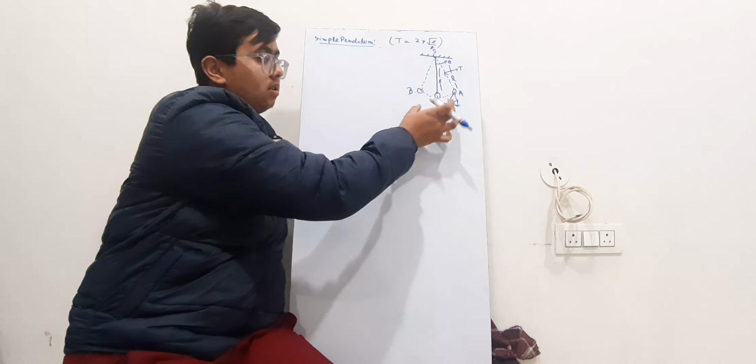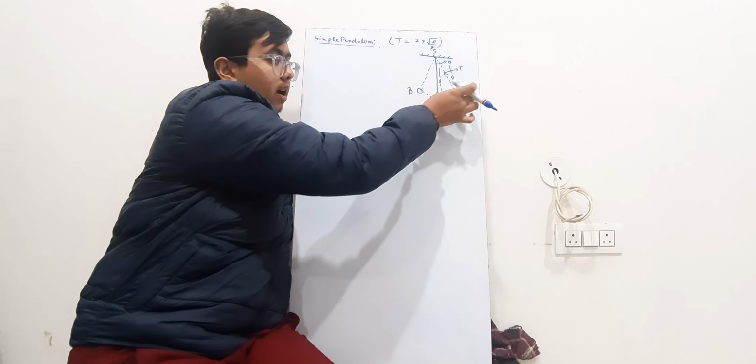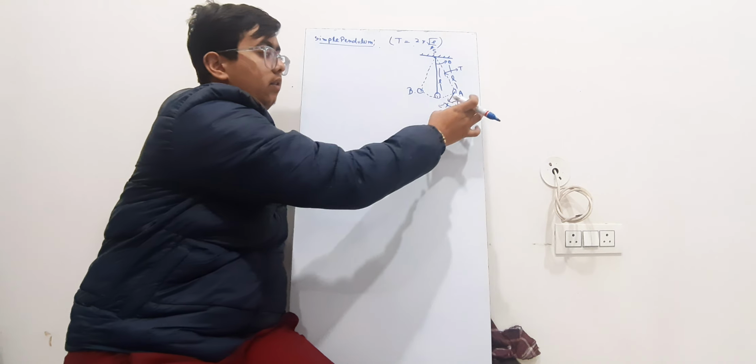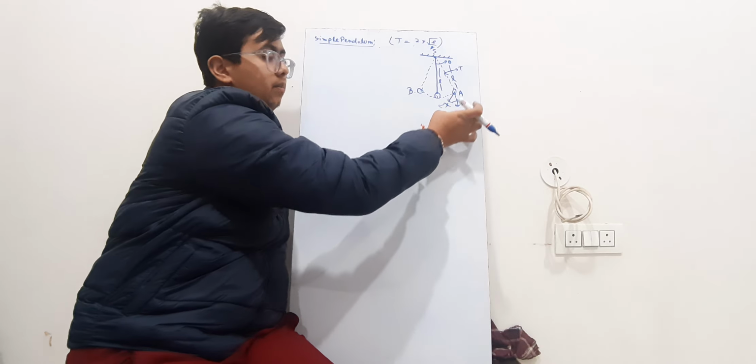If we take the bob to point A and release it, it moves to and fro like a simple pendulum.